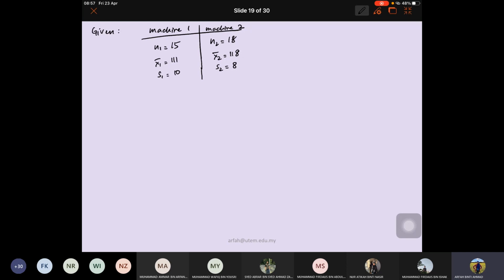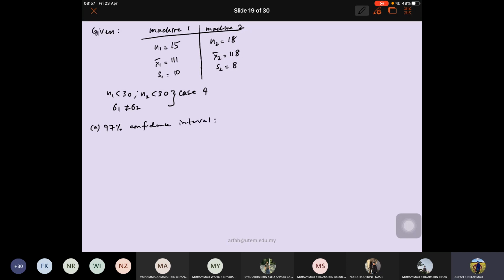So, take a look at this one. N1 less than 30 and N2 less than 30, and then it says sigma 1 does not equal sigma 2. So, this one follows case 4. So, question A, 97% confidence interval.